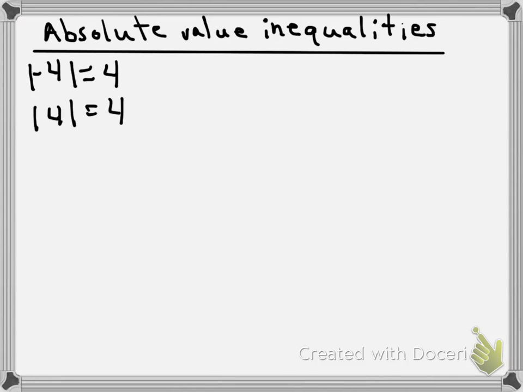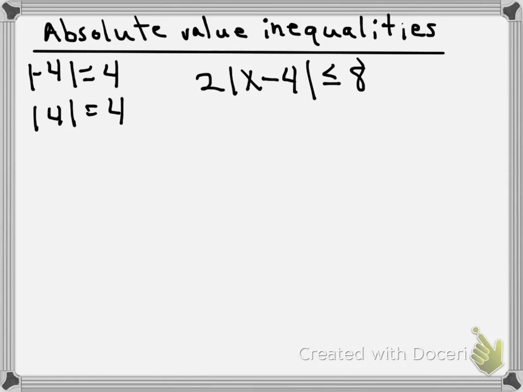Now when we deal with absolute value inequalities, it gets a little bit trickier, but it's not too bad. Let's say you have 2 times the absolute value of x minus 4 is less than or equal to 8. In this case, our first goal is to get the absolute value part, x minus 4, by itself.